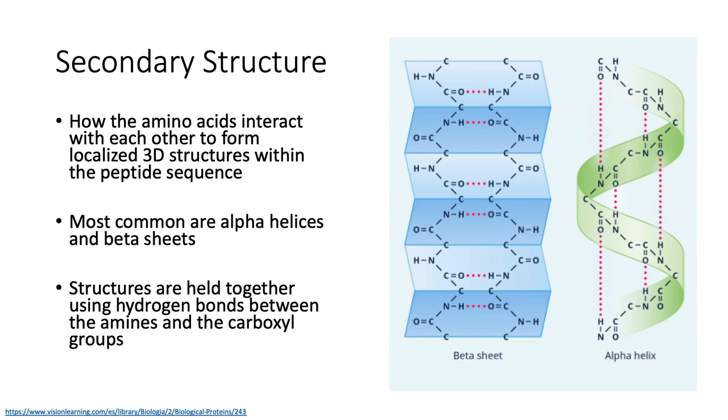You can also have one long chain that bonds to itself in a similar fashion with the hydrogen bonding, and you can get alpha helices, which create a helical shape within the protein backbone. These are the main types of secondary structure. There are other ways that the protein can interact with itself and form different structures, but these are the major 2. These structures are held together using hydrogen bonds.